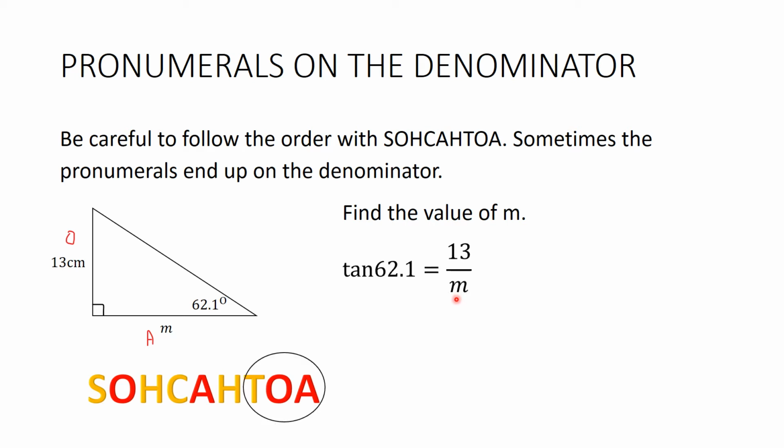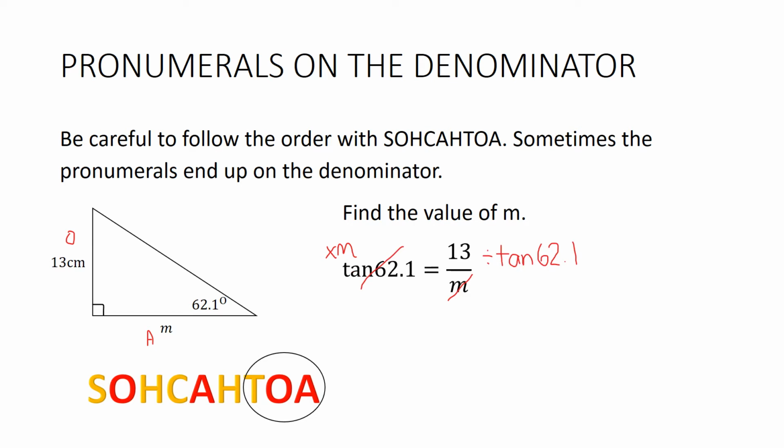Now when we've got the pronumeral on the bottom, what we can actually do is just switch these two, but I'm going to show you why. So first thing I would want to do, if I was doing it the long way, would be move this m over. So it's a divide by m, it's going to go over as a times by. And then I would move this, tan 62.1, over the other side as a divide by, because you can see that times there.